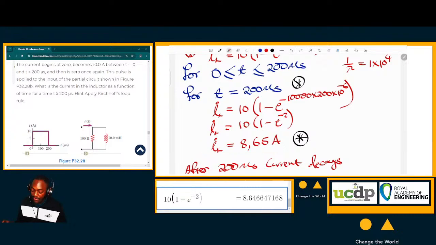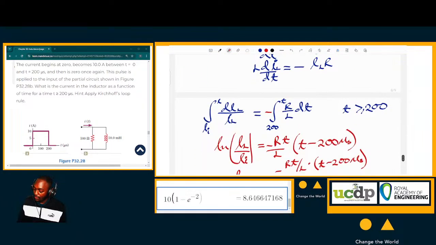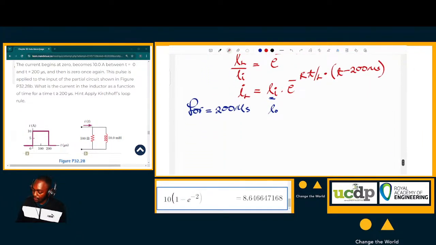So it's 8.65, because remember, yes, we started from 200. So which means your I naught is equal to 8.65 amps.